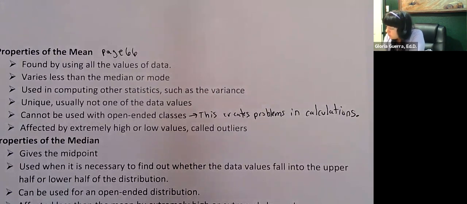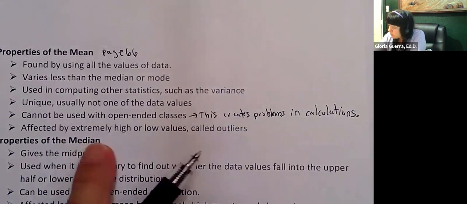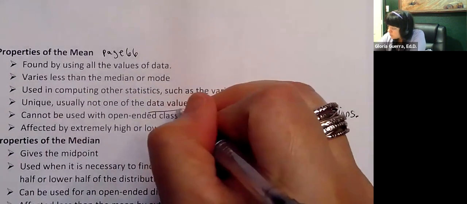And it's affected by extremely high or low values that they call outliers. Okay, and I wanted to show you an example of the open-ended. Let me show you an example of that.